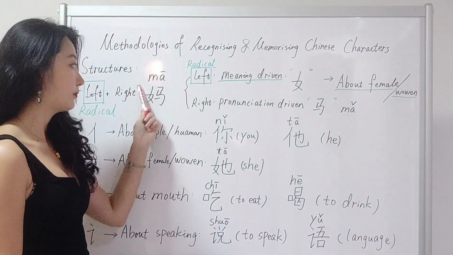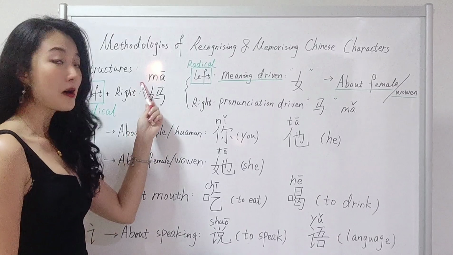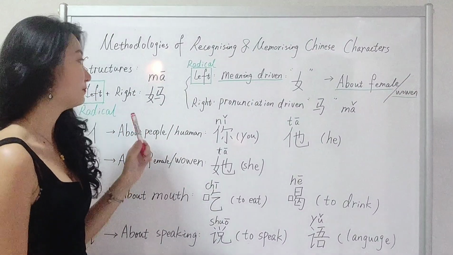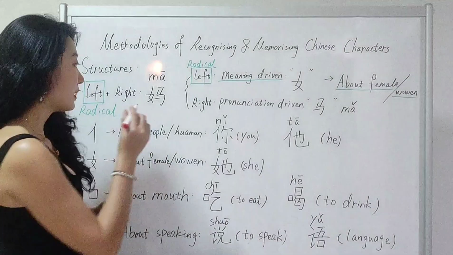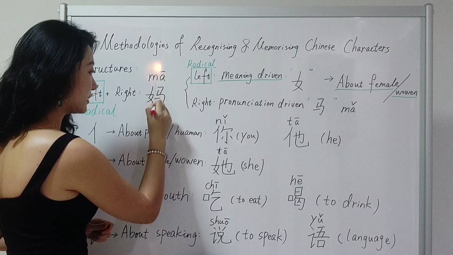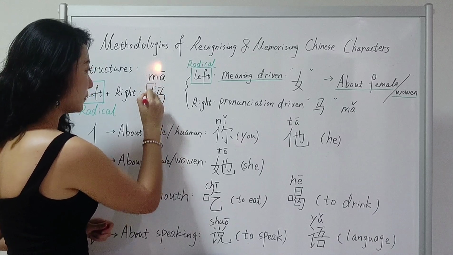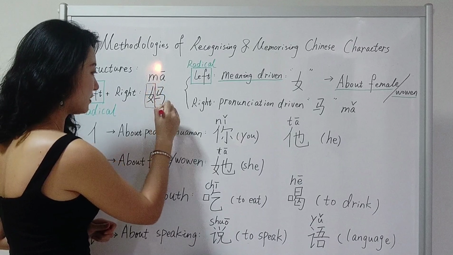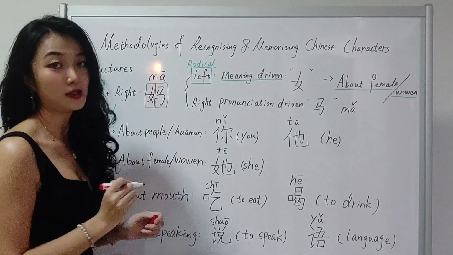This character pronunciation is ma, and the meaning is mother. So as you can see, if we divide it in the middle, we can see it actually consists of a left part and a right part.